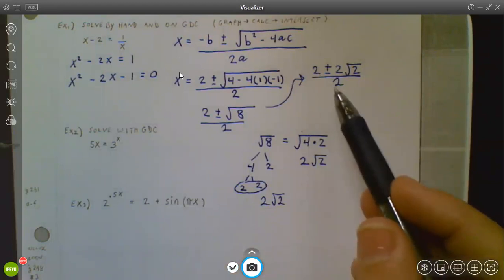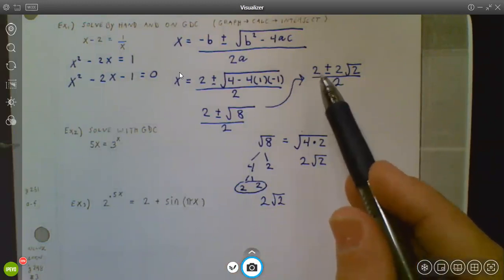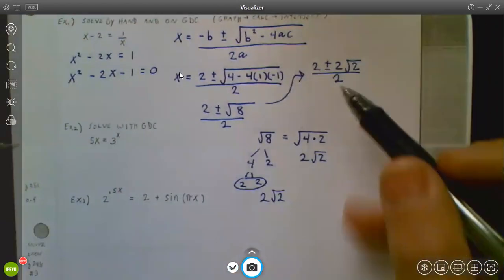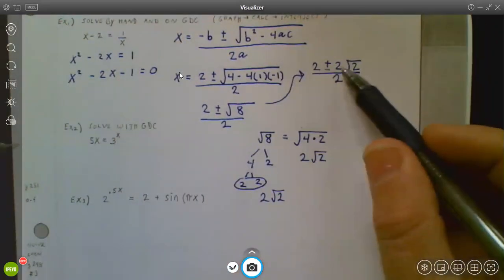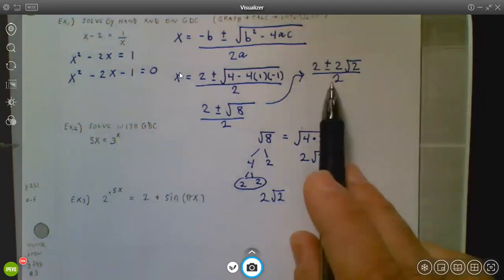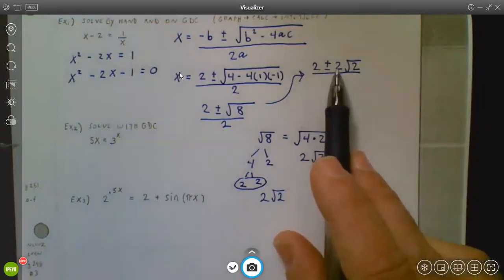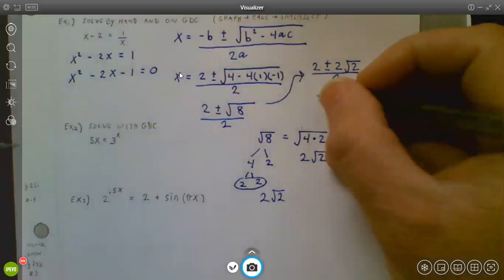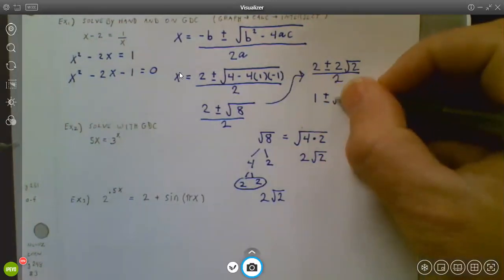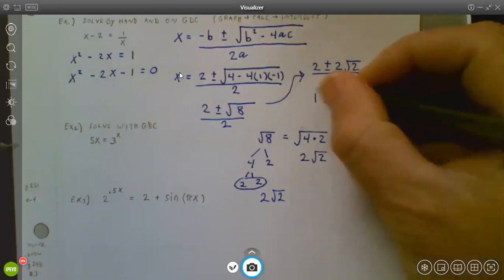I have this number, I got this number, and I got this number. I can only reduce this if I can reduce all 3 of those values by the same number. And in this case, of course, we can, right? I can divide 2 into all 3 of those. So if I divided all of those by 2, then this would be the simplest way to write that answer.